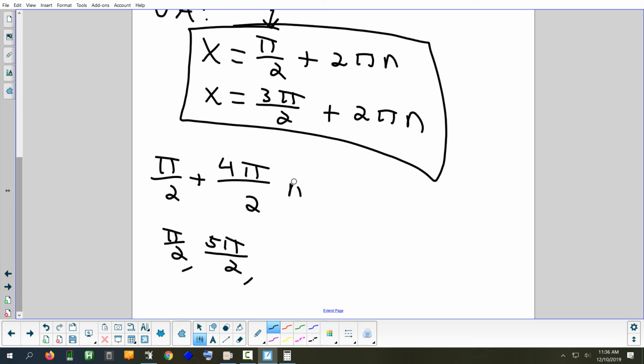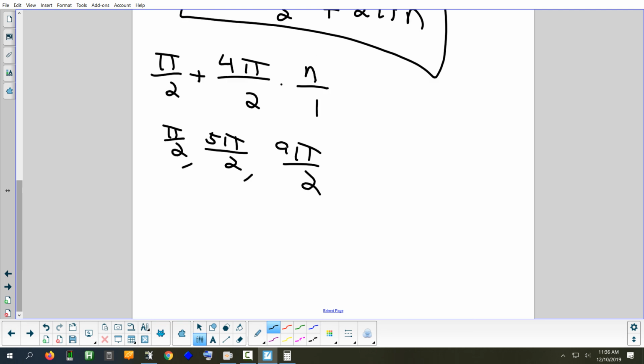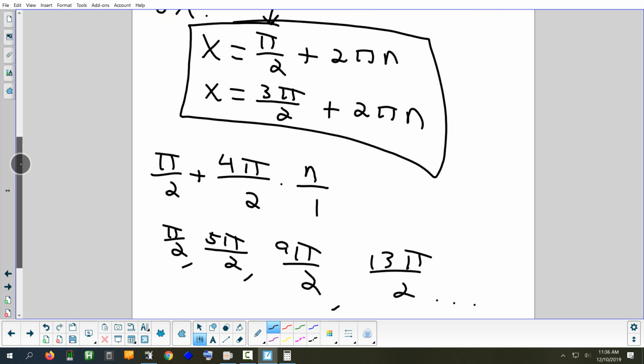So when you multiply by 2, remember it's really just like the 2 is in the top. So 4 pi over 2 times 2 is 8 pi over 2. What's 8 pi over 2 plus 1 pi over 2? That's the third asymptote, the third time it repeats for this first one. What do you think the next one would be? 13 pi over 2. Okay. And so on.